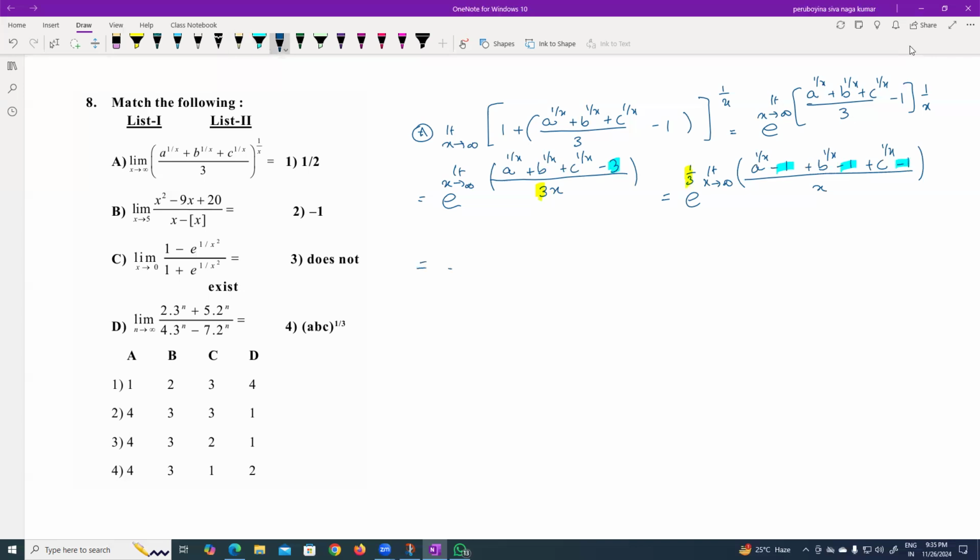Okay, so therefore e power 1 by 3 limit x tends to infinite. Now separate the numerator: a power 1 by x minus 1 by x plus b power 1 by x minus 1 by x plus c power 1 by x minus 1 by x.